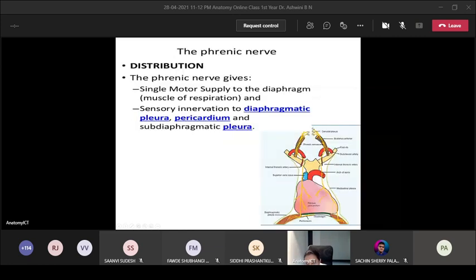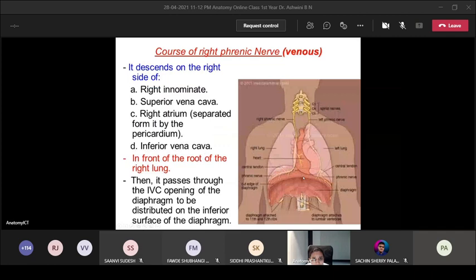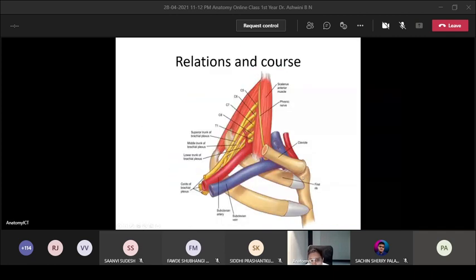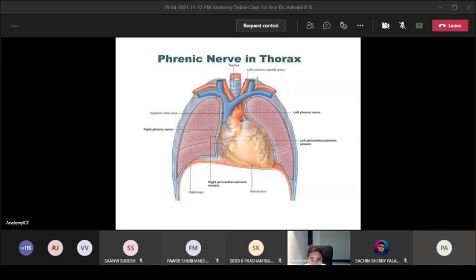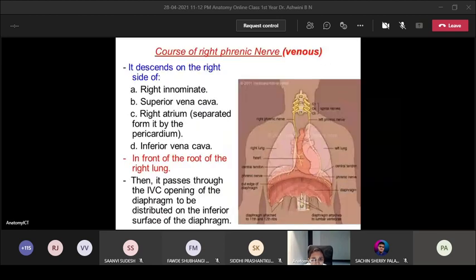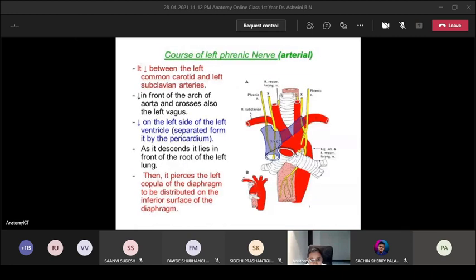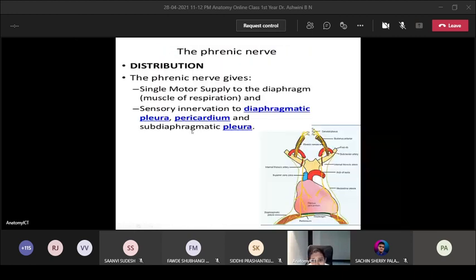Okay. That is the course and the relation of the right phrenic and the left phrenic. Then the branches of distribution of the phrenic nerve. The phrenic nerve gives motor supply to the diaphragm from its under surface.